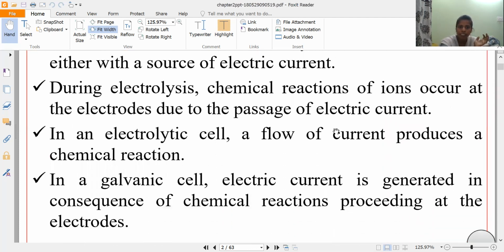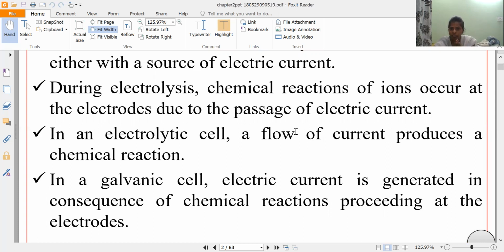In an electrolytic cell, a flow of current produces a chemical reaction. So I said now we have two types of cells: one is the electrolytic cell and another one is the galvanic cell. What is happening in the electrolytic cell? A flow of current produces a chemical reaction. That means by passing electrical current only, the chemical reactions are taking place.